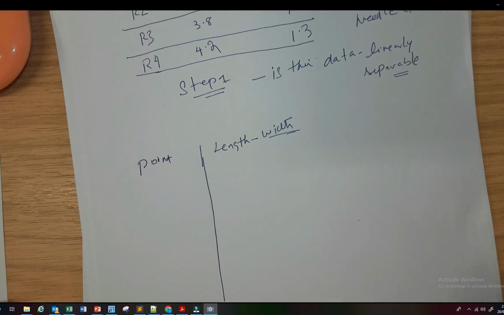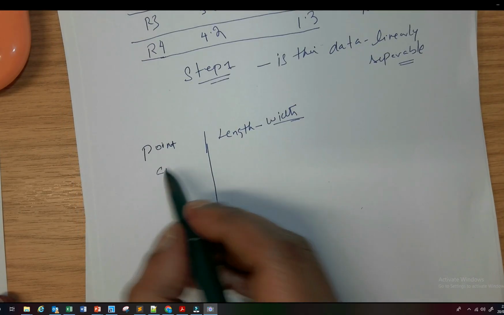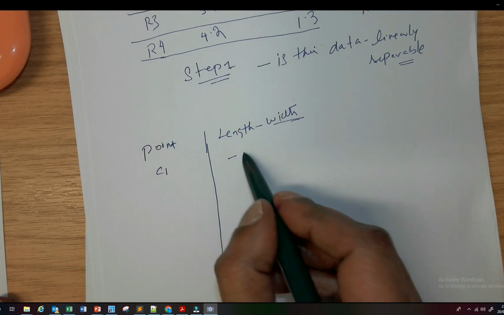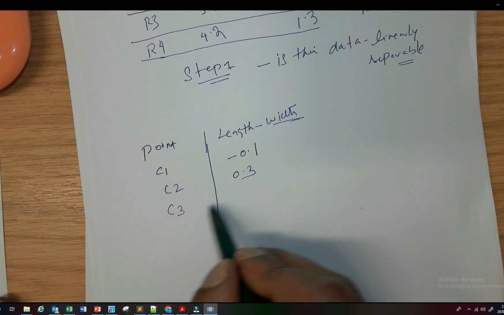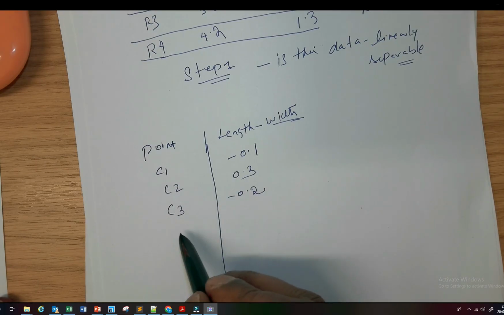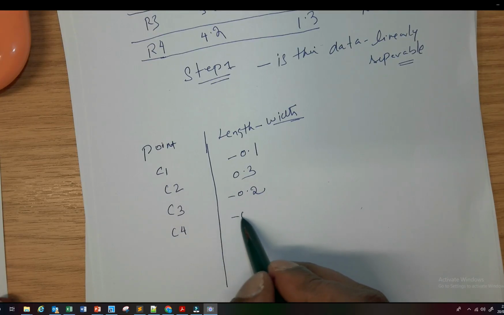So for C1, the difference between length and width is minus 0.1, C2 is 0.3, C3 is minus 0.2, and C4 is minus 0.1.